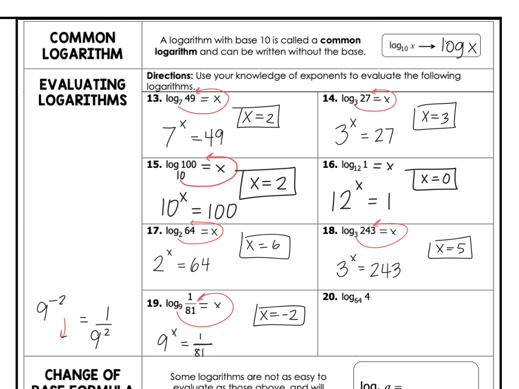Number 20, kind of strange. Because, hopefully you notice, it gets smaller. 64 to some power is 4. What? This is a root, and I know that because it's getting smaller. It has done a root of some kind. So I'm going to do the cube root. Oh, sorry, hold on.